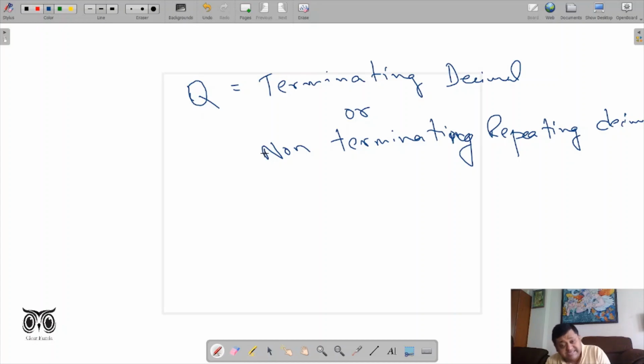Then definitely do the exercises, the MCQs and all the other kinds of things that are there. The more you do it, the more the concept becomes clear to you.